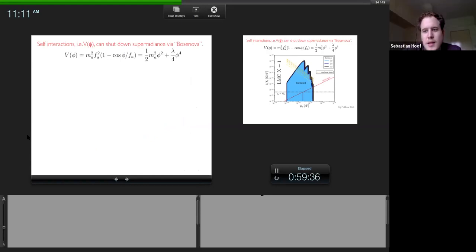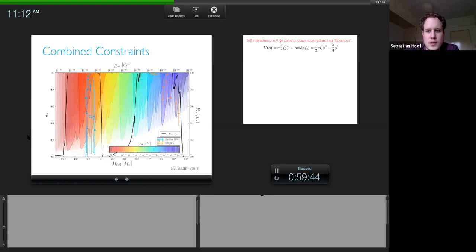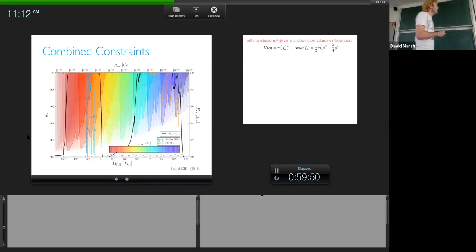Sorry? Yeah. One question: how good is the assumption that the spin and the mass, I mean, and the errors are not correlated, or how important is it for the constraints? I don't know at all. We did a very simplistic treatment of the errors.